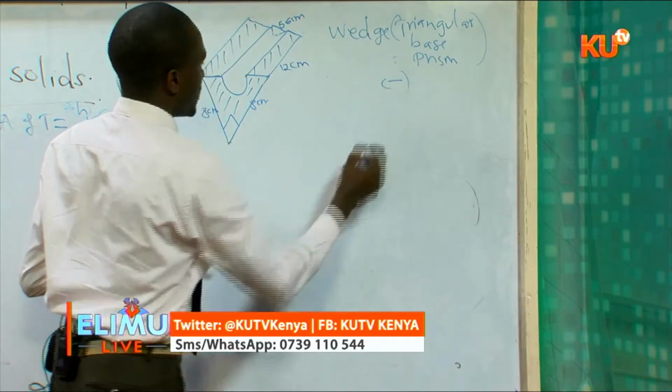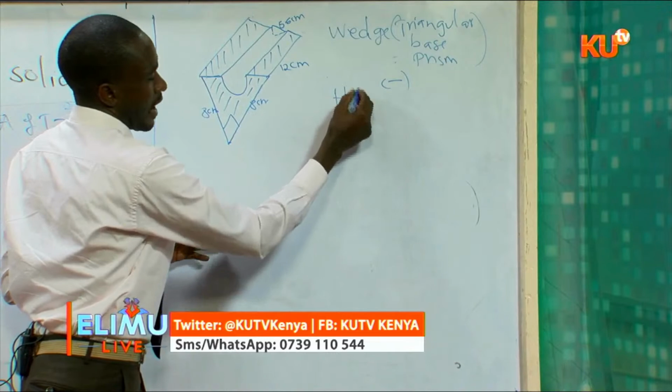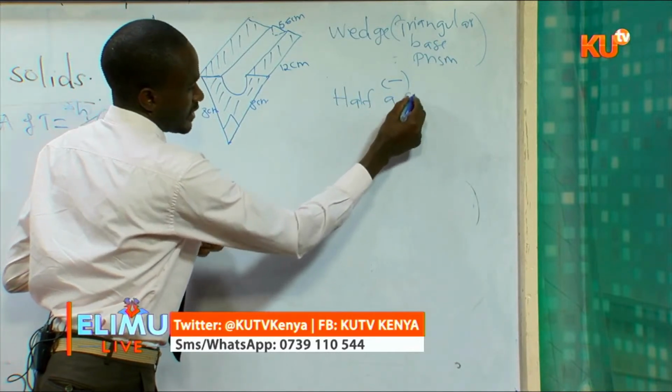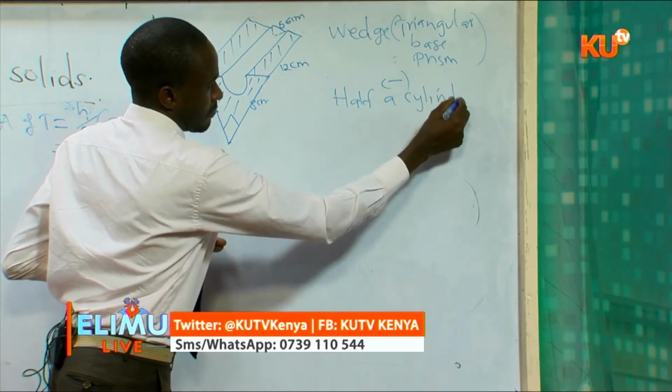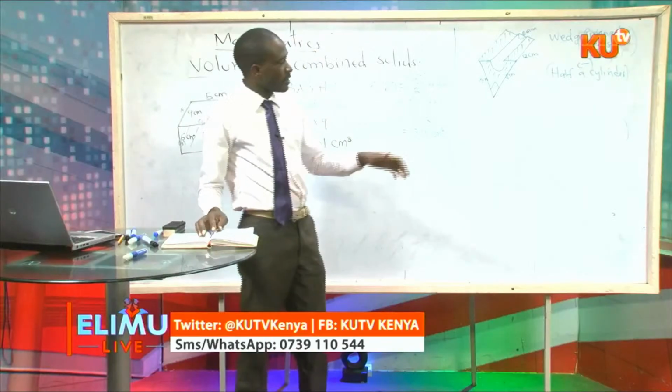Then now you take away the volume of half a cylinder. Now let's start with the wedge.